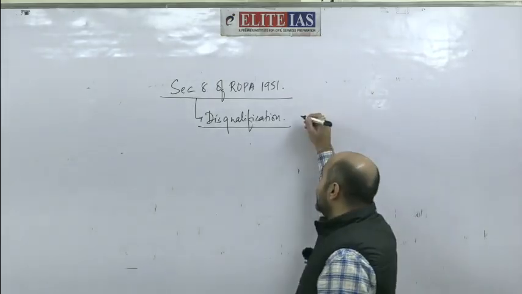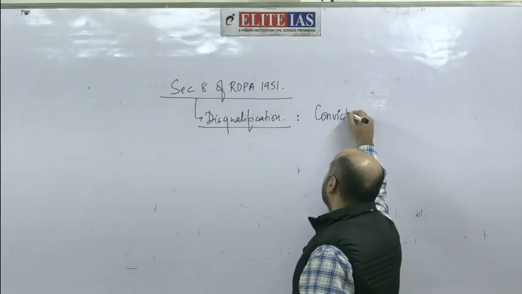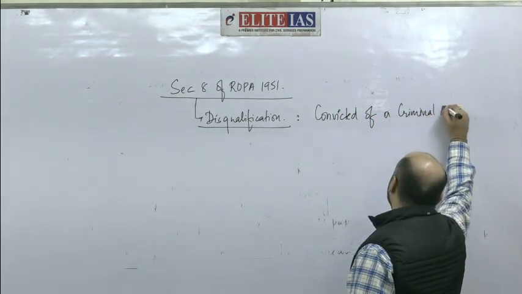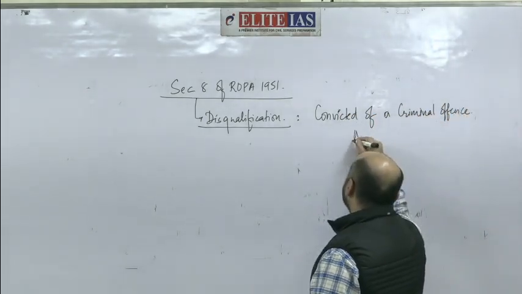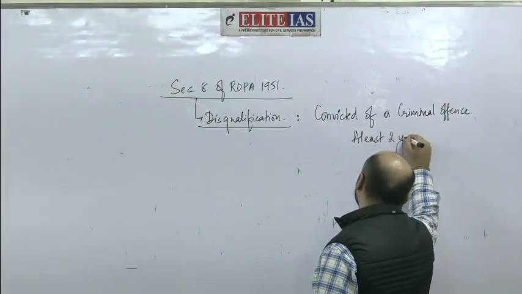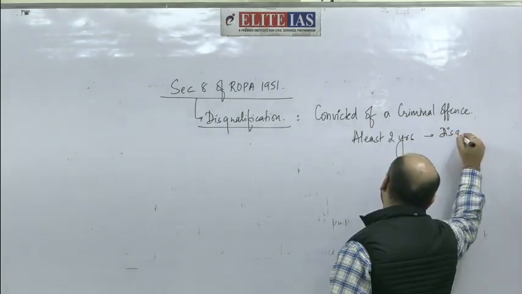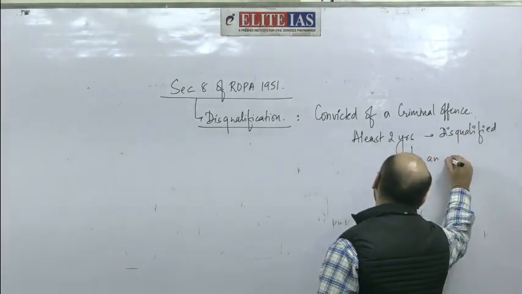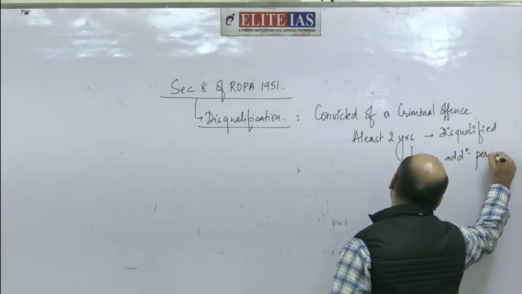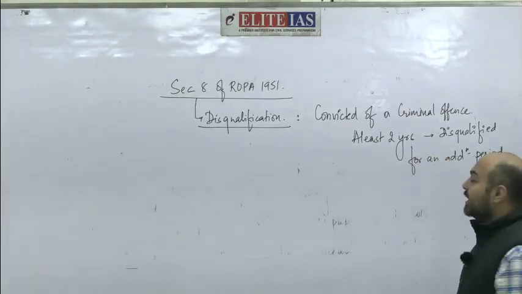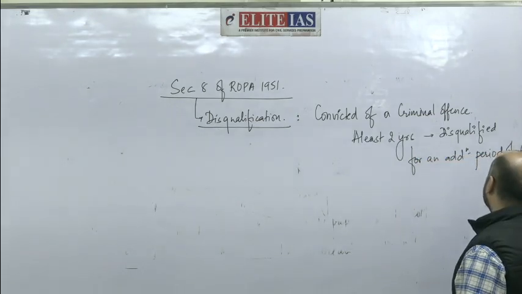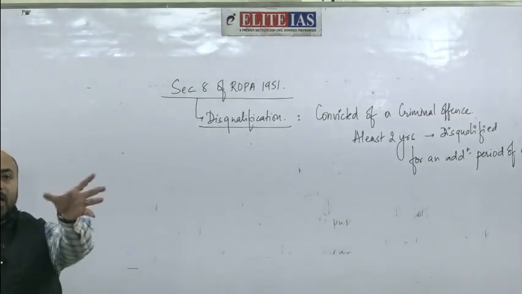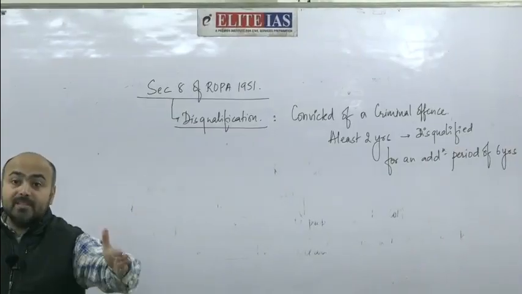It says that any individual who is convicted of a criminal offence and has to serve a sentence of at least 2 years is disqualified for an additional period of 6 years, which means the time that he serves his sentence plus 6 years.